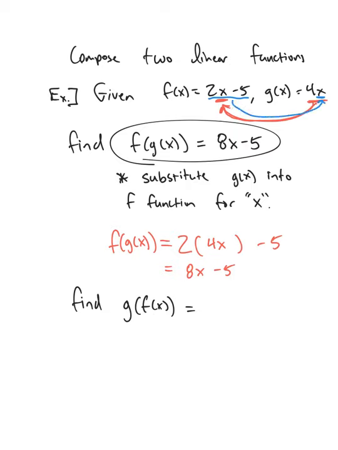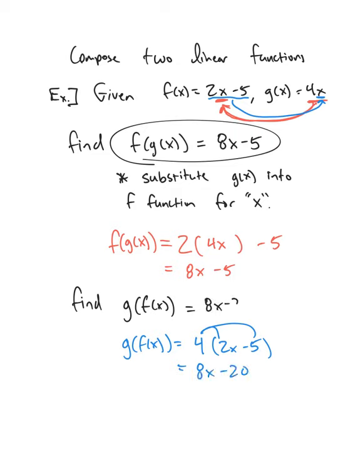So it's going to look like g of f of x equals, well, what is the g function? It's 4 parentheses. We're taking out x and we're substituting 2x minus 5. A little bit of the distributive property. And we got 8x minus 20.